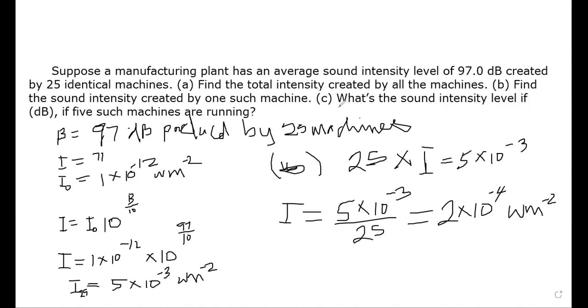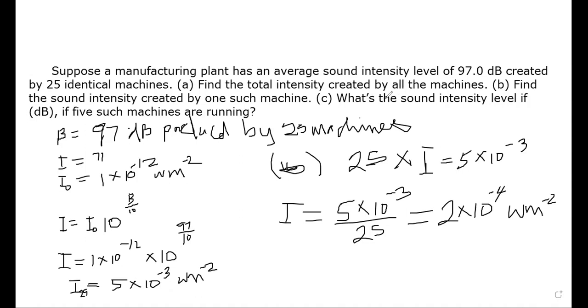All right, let's go to C. What's the sound intensity level if 5 such machines are running? Since we have the value for one machine, all we need to do is to use this value and multiply by 5 for us to get the value of what 5 machines can produce.